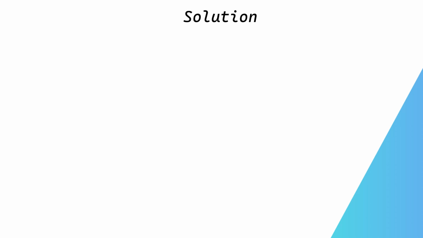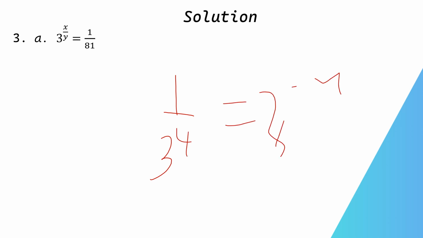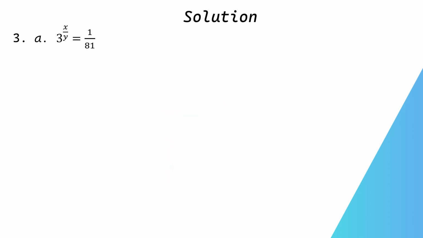Okay, so for this one, we have 3 to the exponent x/y equals 1/81. And we know 81 is equal to 3 to the exponent 4, and this will give us 3 to the exponent −4. Meaning that 3 to the exponent x/y is equal to 3 to the exponent −4.